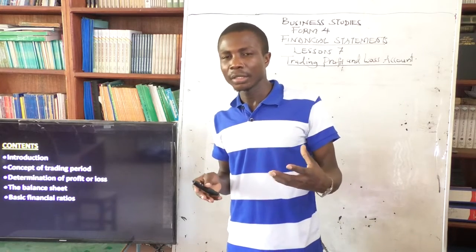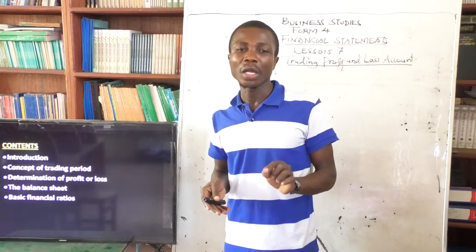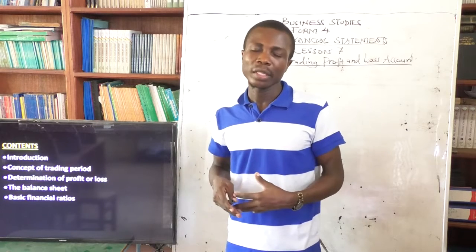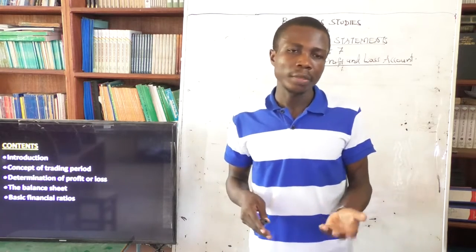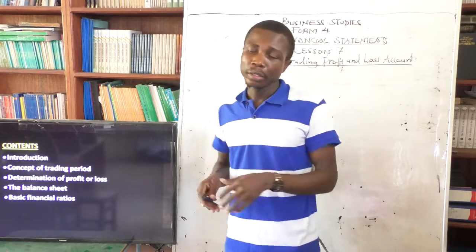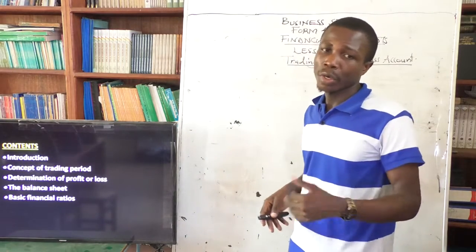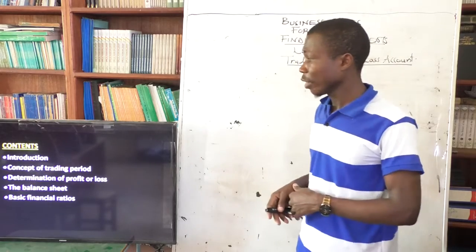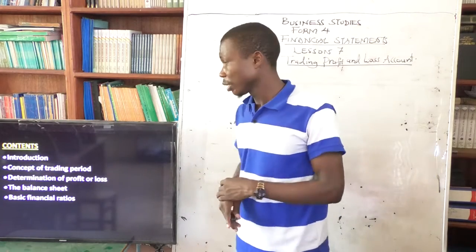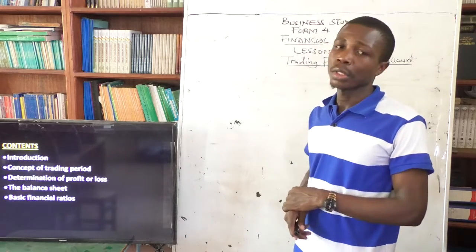I kind of gave you a clue on them, but here we are going to learn how to calculate them based on ratios, percentages, and even fractions. In our class, we are going to do some introduction, then later look at the concept, then determine the profit and loss.